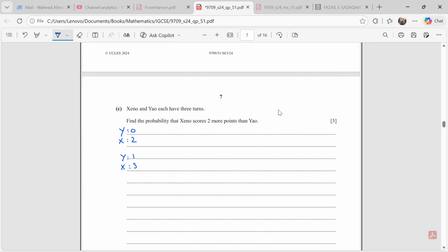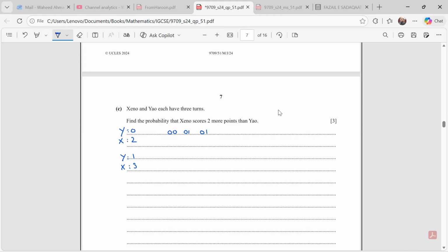How will we calculate the probability of this event? How can these things happen? In the first turn, nobody gets anything. In the second turn, Yao gets zero and Zeno gets one. And in the third turn, again Yao gets zero and Zeno gets one. So Zeno gets two and Yao doesn't get anything.